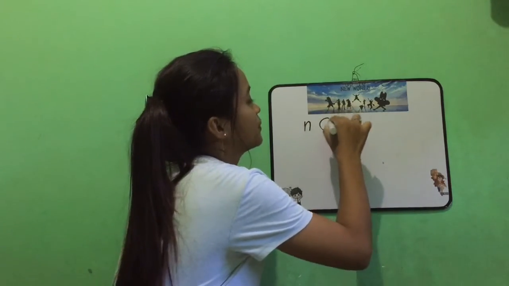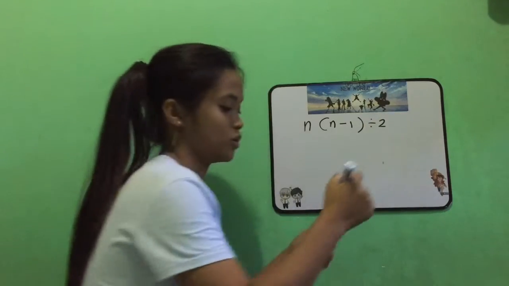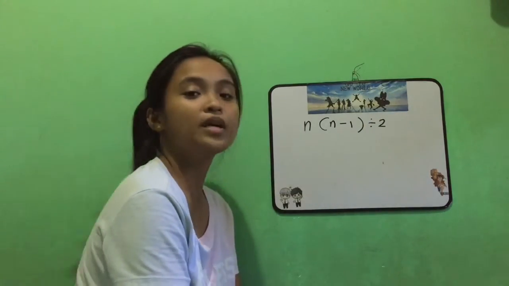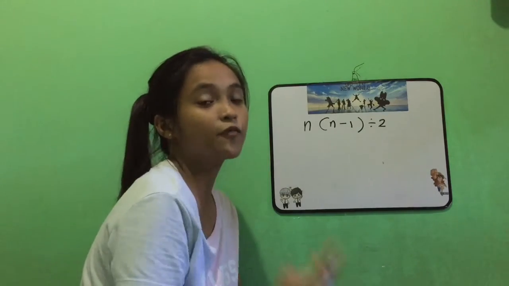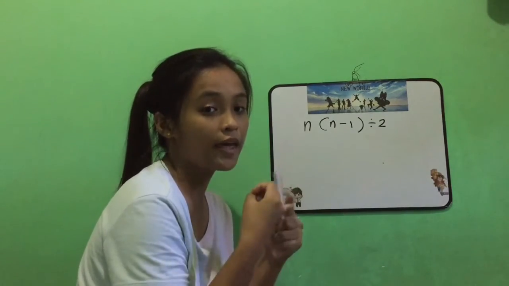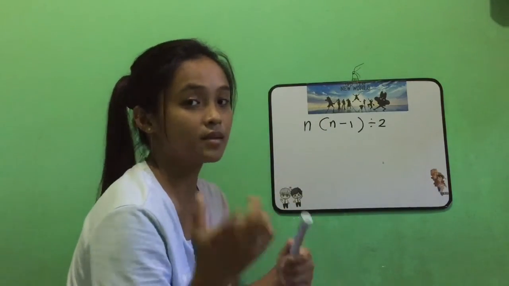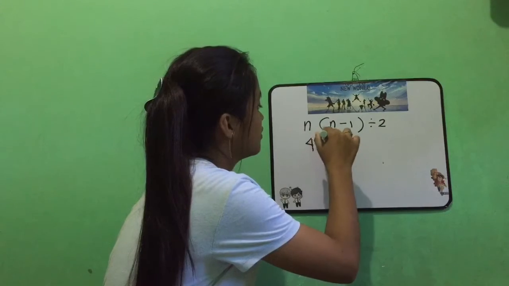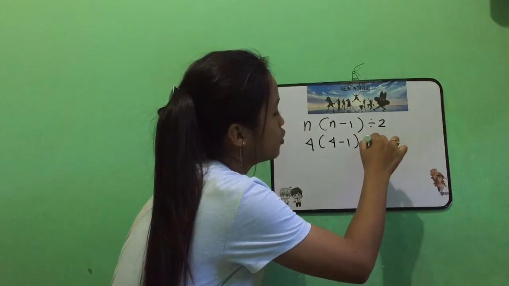In order to get the number of pairs we need to contrast, we must use the given formula, which is n multiplied by n minus 1 divided by 2. So let n be the number of choices. Since example number 2 has 4 choices, which are A, B, C, and D, let's substitute. 4 multiplied by 4 minus 1 divided by 2.